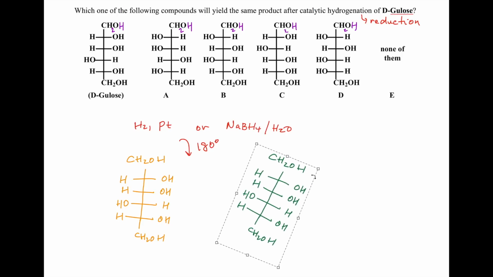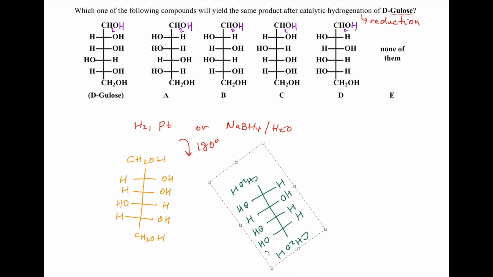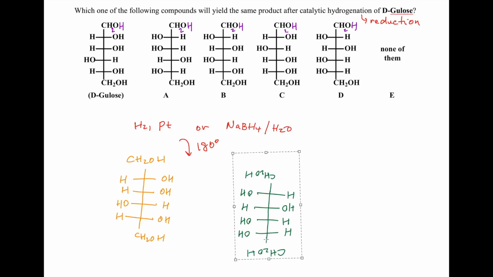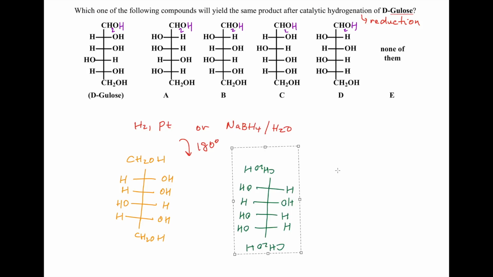We're going to take this and rotate it 180 degrees this way. Notice that now the CH2OH groups are the same on both sides. I'll redraw them so that it looks a little bit better. Fundamentally, the groups are the same on both sides, so that's why this can occur. Now, this compound is the exact same compound as this one, but it's just been rotated 180 degrees. So that's what this question's asking.